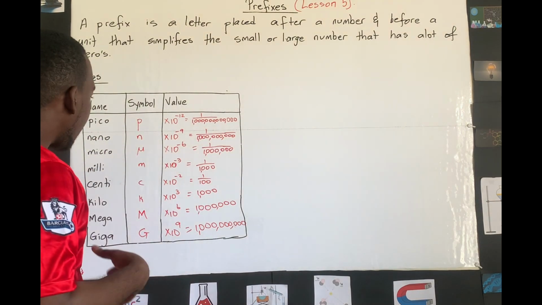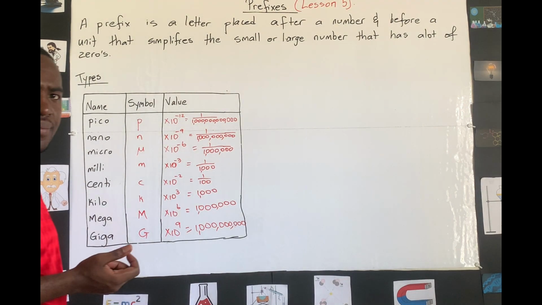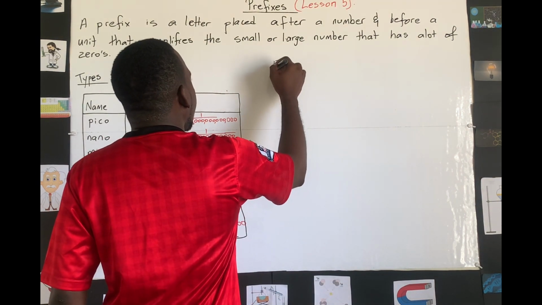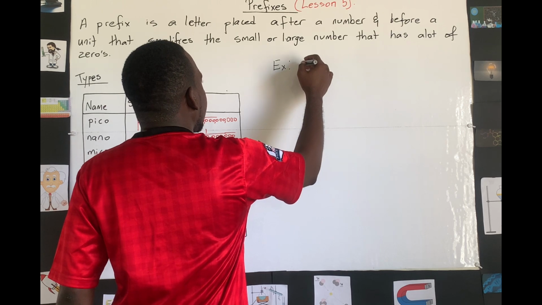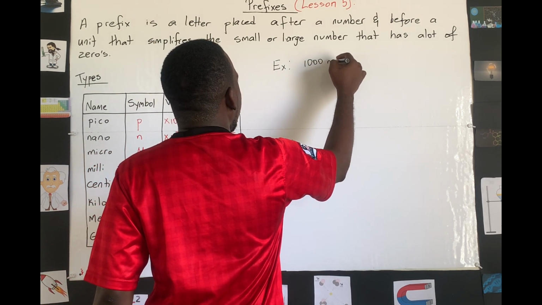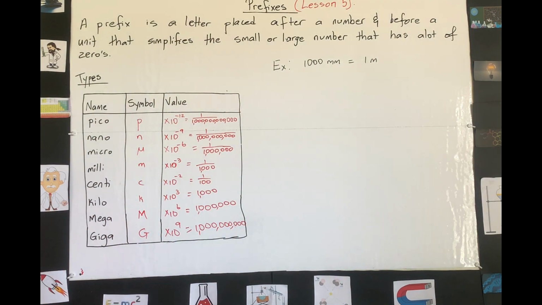So from this, you know 3 popular ones that everybody uses, right? In class, especially in math, you would normally say that 1,000 millimeters equals 1 meter. Where did that come from?